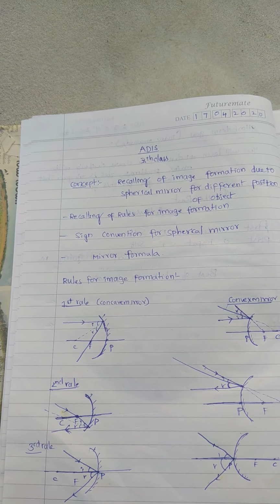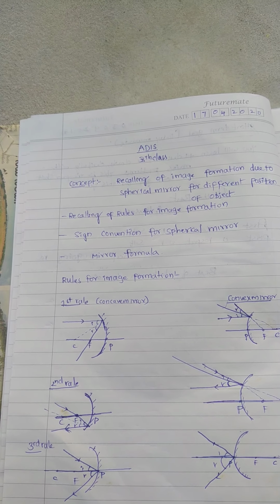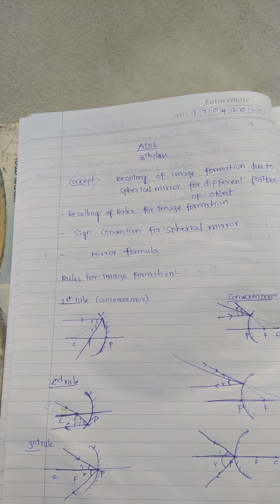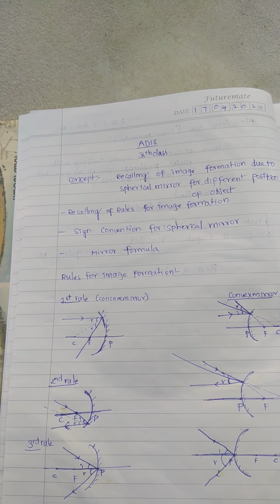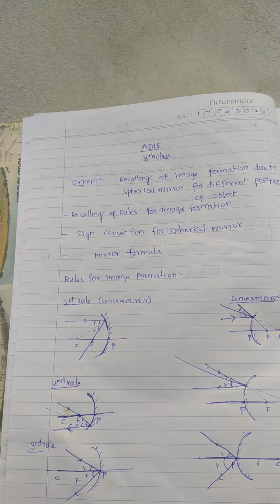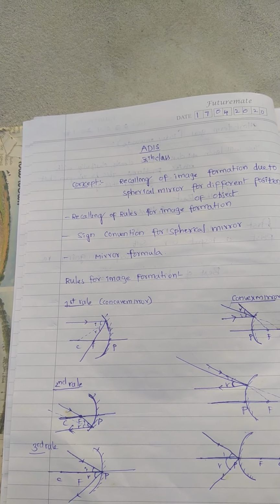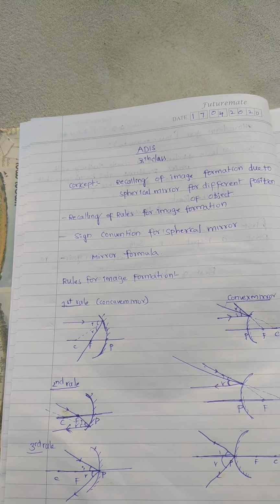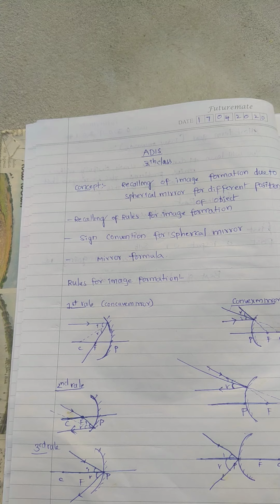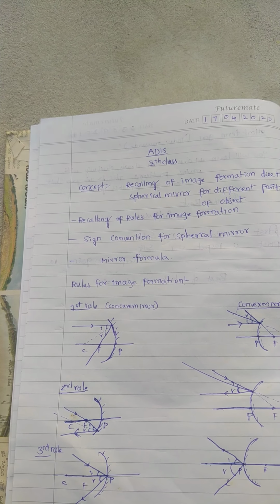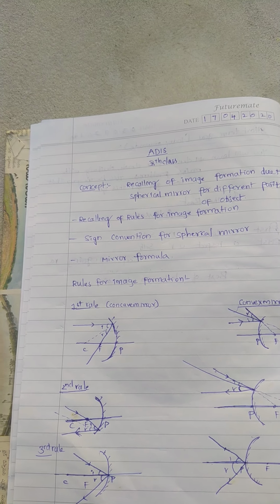I already told you all real images are inverted and all virtual images are erect. We drew a diagram also of how an image is formed due to a plane mirror.